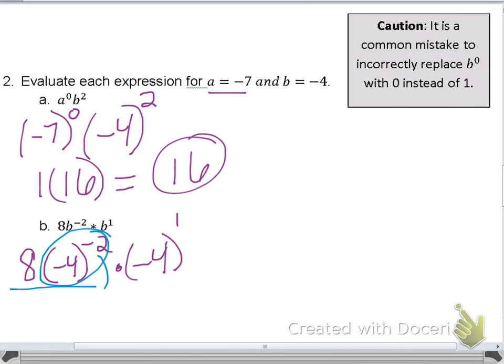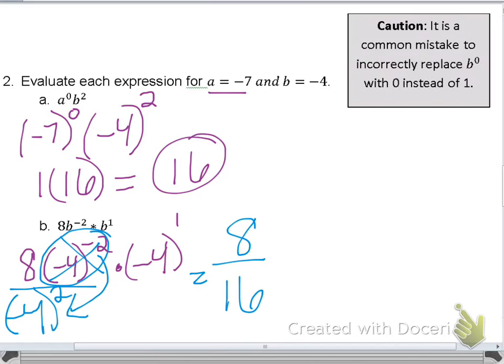So we make this a fraction and move it to the bottom. So now it's negative 4 to the 2nd power on the bottom. So we have 8 over negative 4 times negative 4, which is 16, times negative 4 to the 1st power, which is negative 4, over 1.